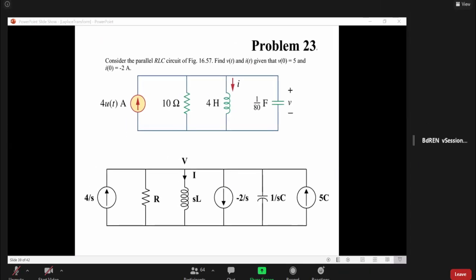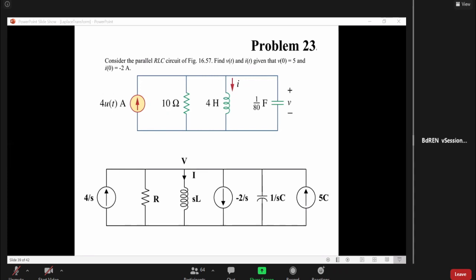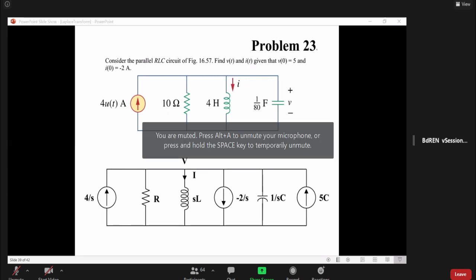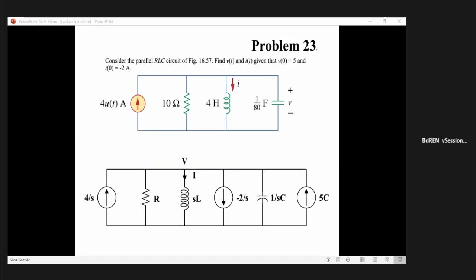Probably we have talked about this problem earlier, but okay, no problem. I am repeating it. Then we will be switching to some other issues. We have three different methods to use Laplace transform in solving our electrical system.